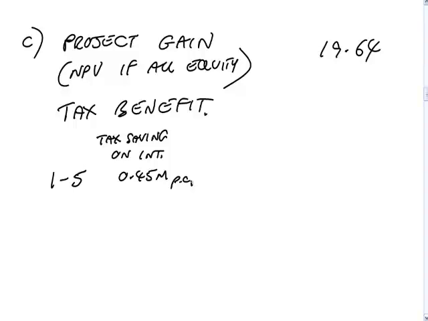What's the benefit of the tax saving? Well, it's the present value. Again, it's risk-free on the assumptions. We'll discount at the risk-free rate of 5%.